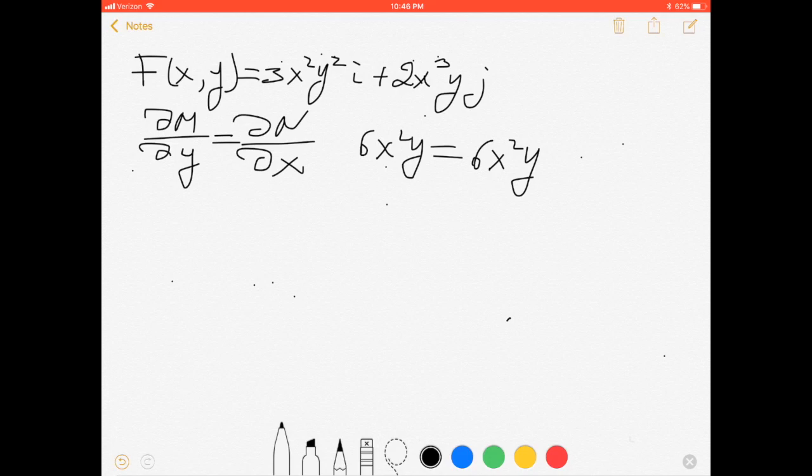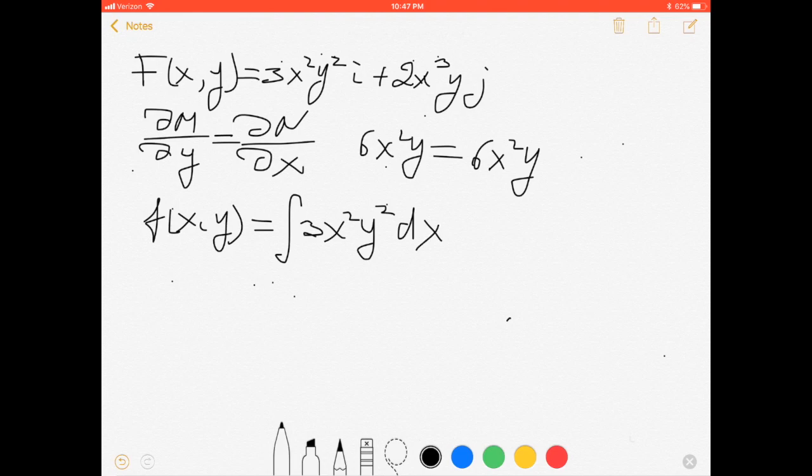How do we do it? We try to find the function f(x,y). We take the integral of the M function, and the variable of integration will be x. This means I take the integral of 3x squared y squared dx.